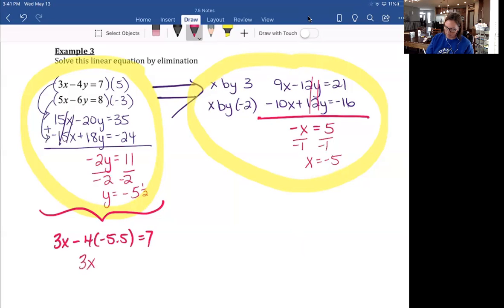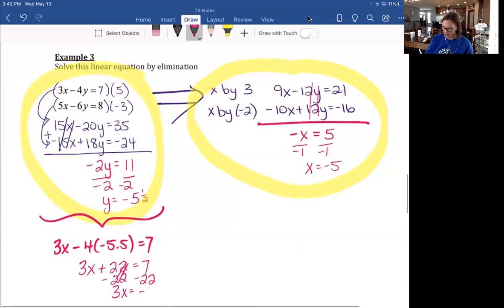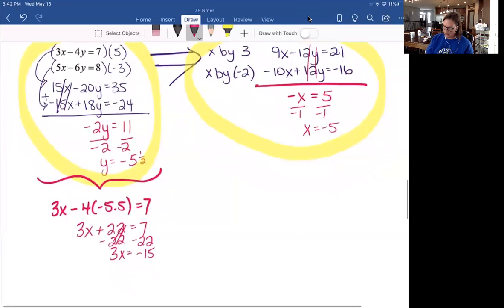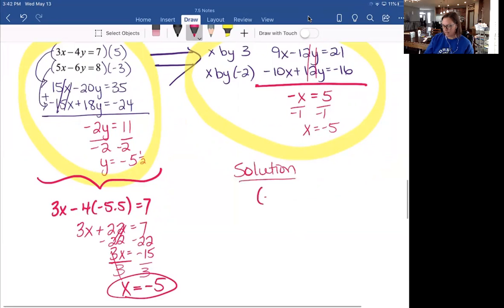So I'd get 3x plus 22 equals 7. I'm going to subtract 22. 3x would be negative 15. And dividing by 3 would give me an x value of negative 5. So my solution is negative 5, negative 5.5.